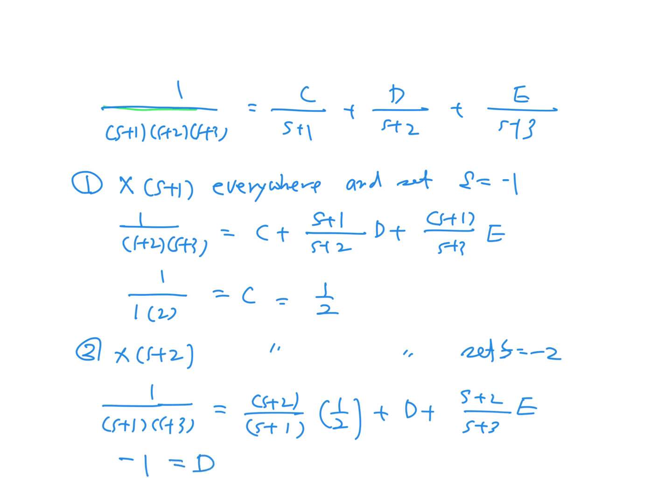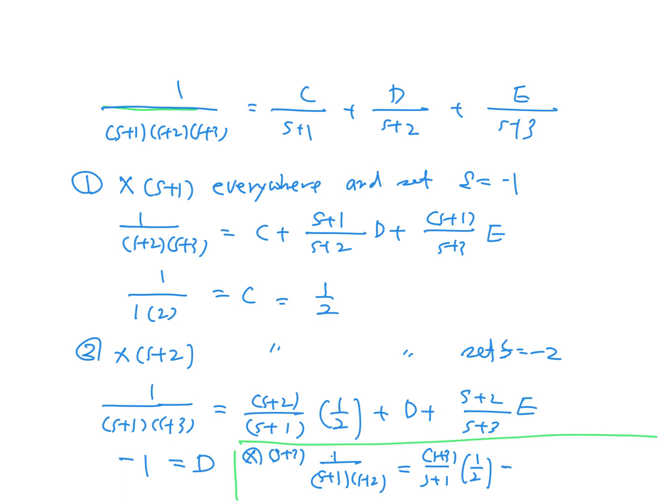And same thing, let's do this in a separate space. Multiply by s plus 3. What do you have? S plus 1, s plus 2 is actually s plus 1, s plus 3 over 1 half minus s plus 2, s plus 3 plus 2.